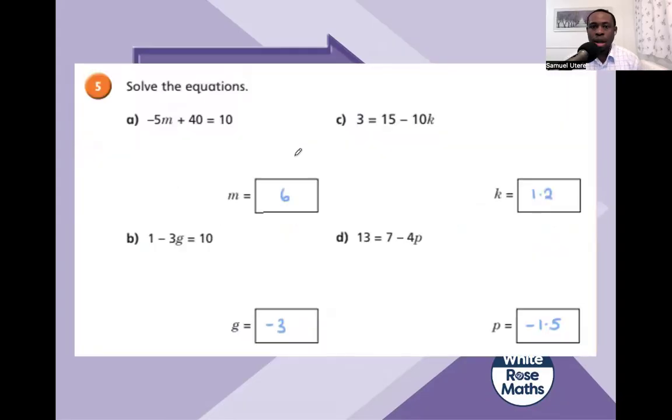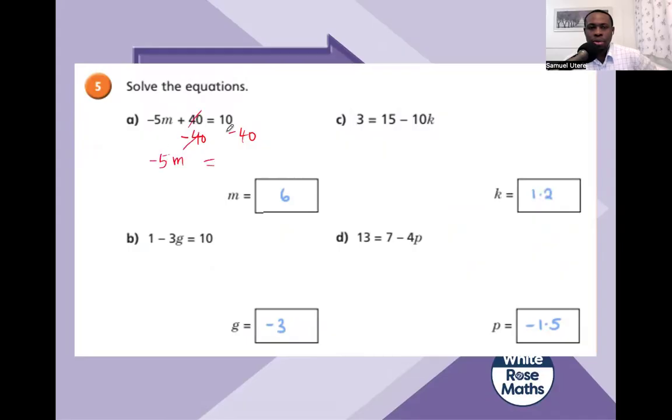So for this one, I'm just going to talk about the steps to achieve these answers. So we'll subtract 40 from both sides. And then our final step, I'll just do this one real quick because it has a negative here. So here we have negative 5m. This is now gone.